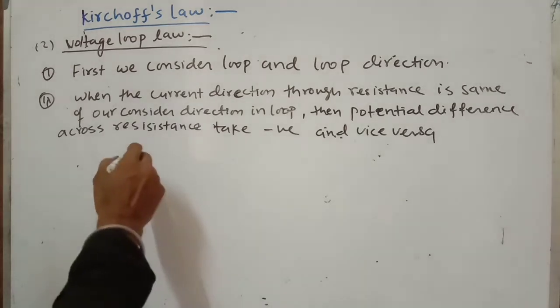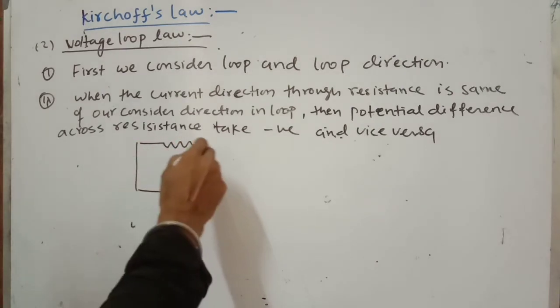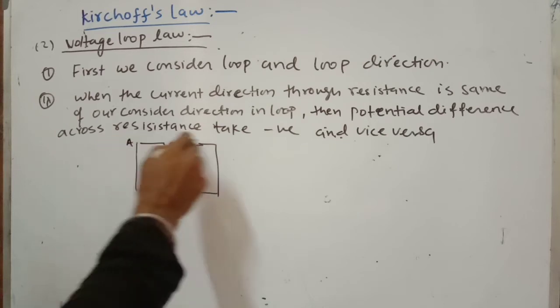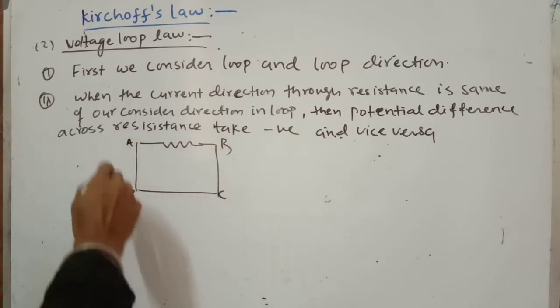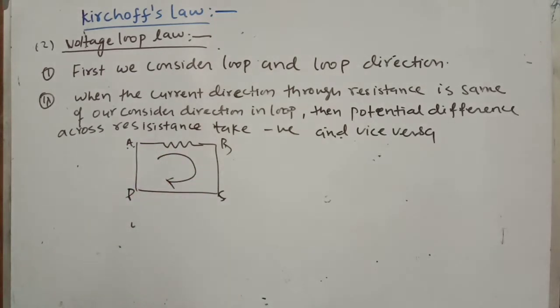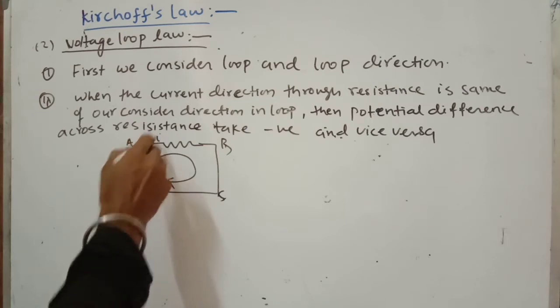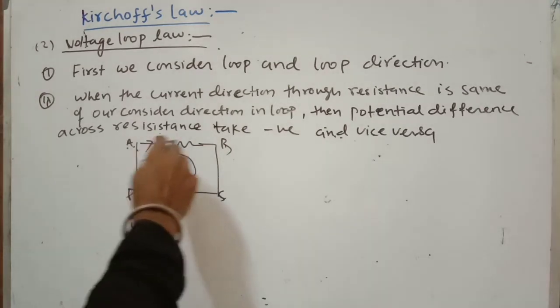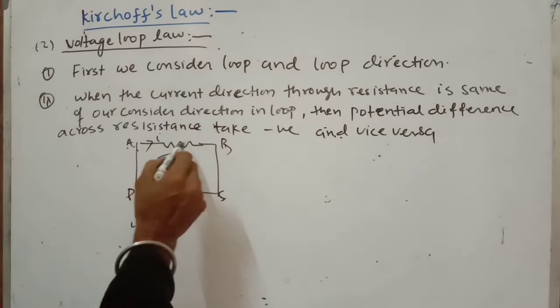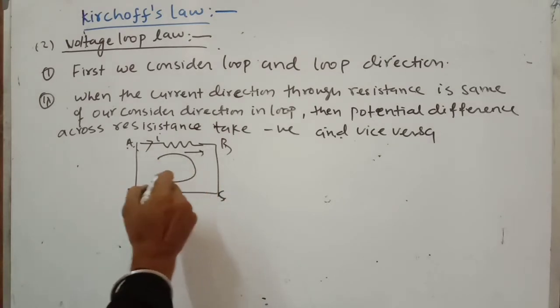Okay, so you can see here in the diagram. Let this be the loop. Let me consider loop A, B, C, D, A. The direction we consider is like this one. Let the current flow through this resistance be I from A to B, and your considered direction is also clockwise.